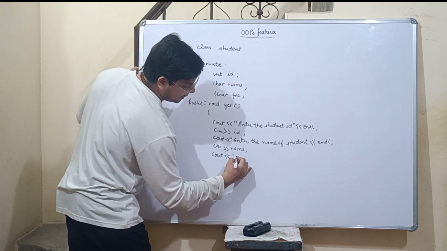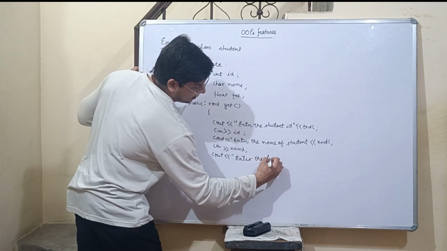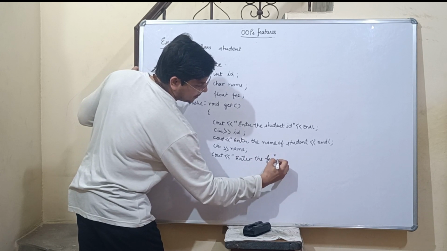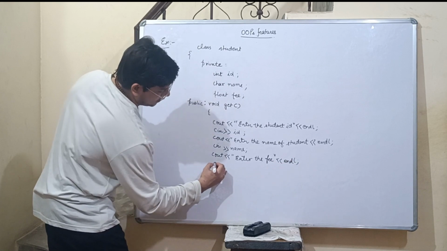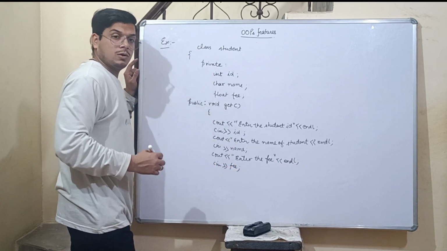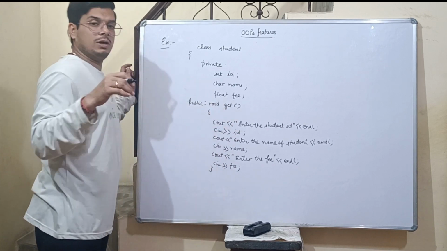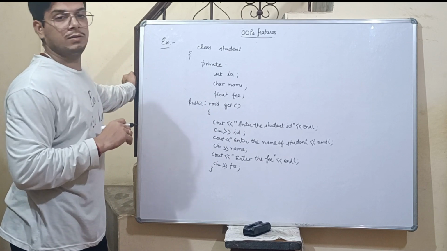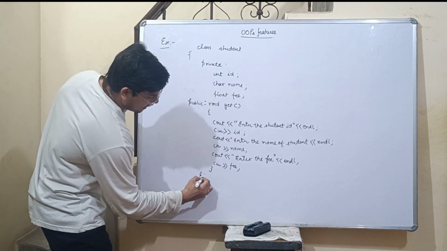Enter the fees. cin fee. Got it? So this is what the get function is, and we have done the work of the get function. We have ended our class.